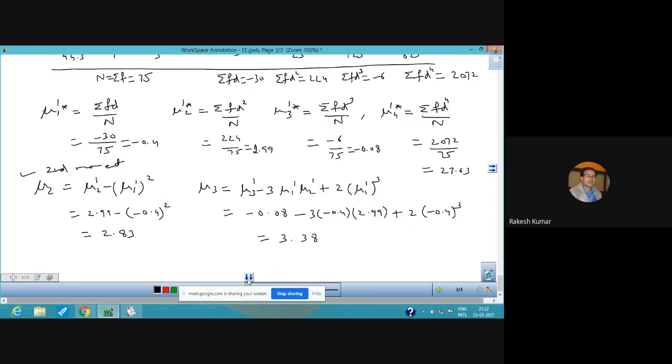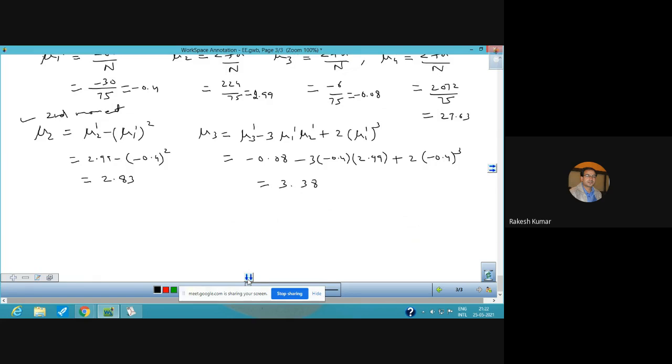Now there are actually second moment, third moment, and fourth moment. So the formula for fourth moment is mu4. So mu4 dash minus 4 mu1 dash mu3 dash plus 6 times mu1 dash square and mu2 dash minus 3 times mu1 dash whole raised to power 4. Now you can put the values.